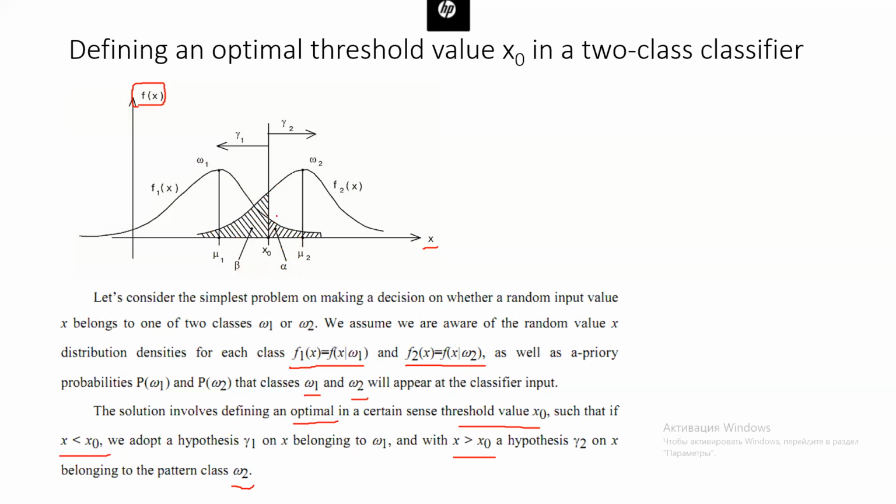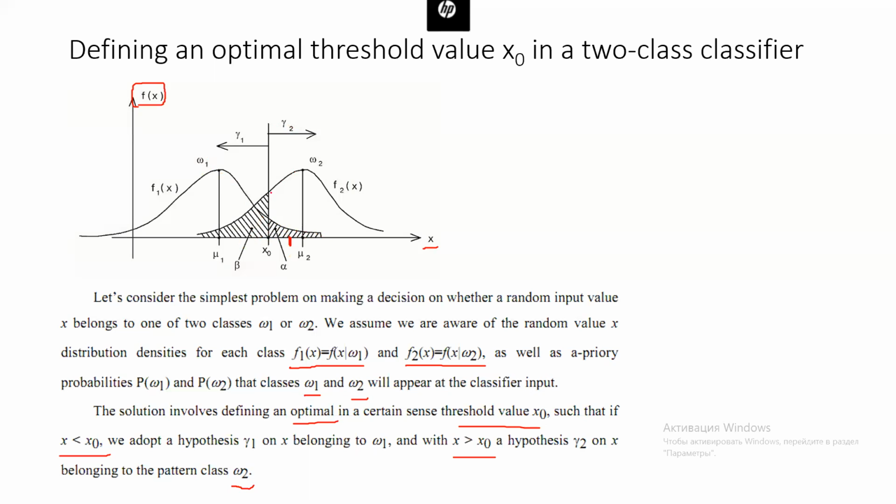If your object x is in this part, we assume hypothesis 2, that this object corresponds to the second class, but some objects from the first class lie in this area too, and we will have some errors of classification.